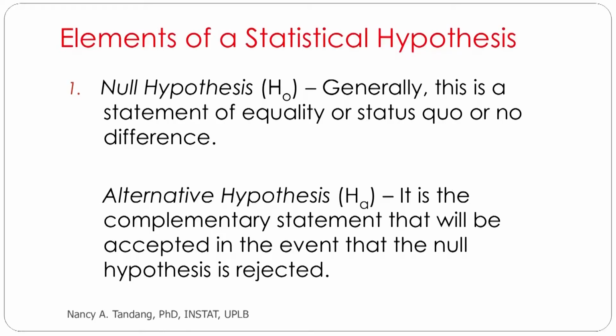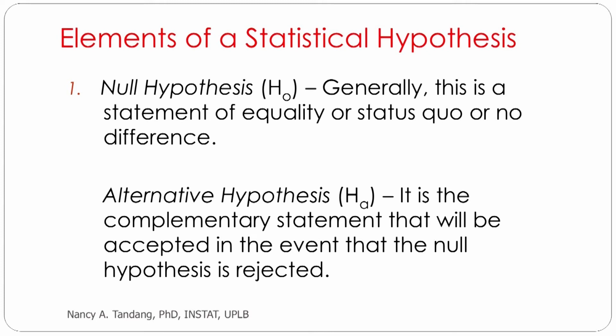Paano ba nag-generalize? So para makapag-generalize ka, magpe-perform ka ng test of hypothesis. So ano po yung mga components ng test of hypothesis? So una, you set your null and alternative hypothesis. So the null hypothesis is the statement of equality. So it is the statement of status quo, no difference.